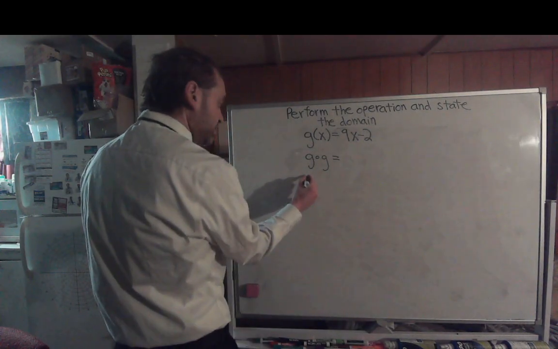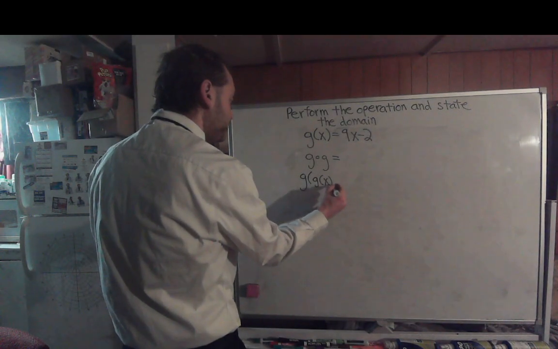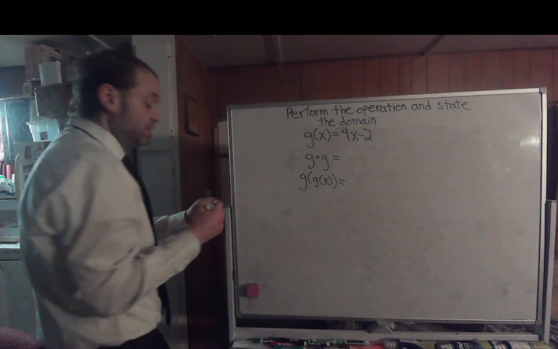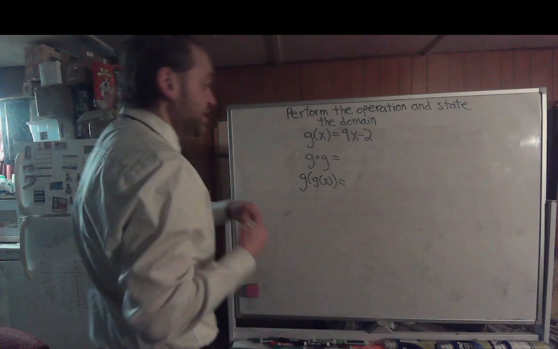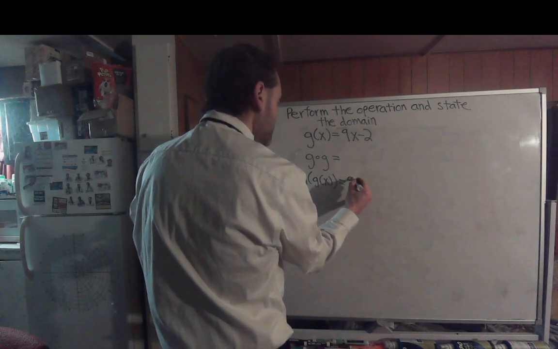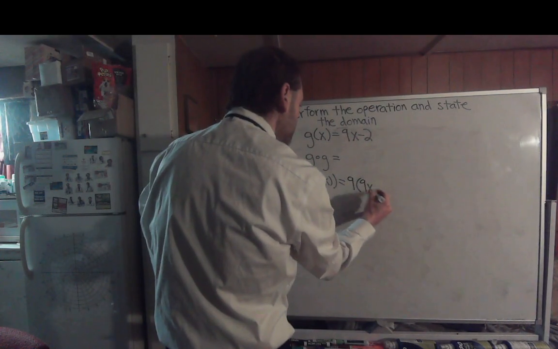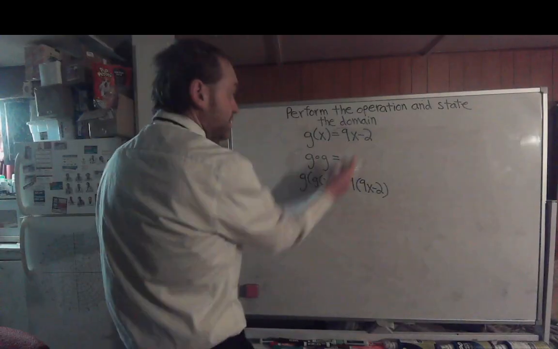So that is literally g(g(x)). You're going to put that whole 9x − 2 into the x in the 9x − 2. So this would be 9 times the quantity of 9x − 2, then minus 2.